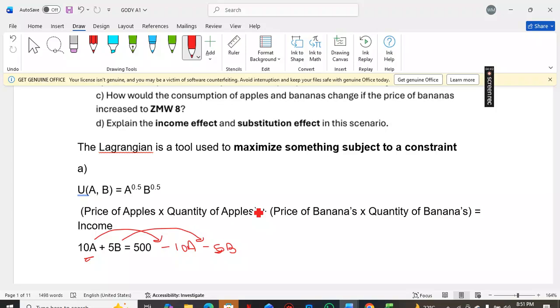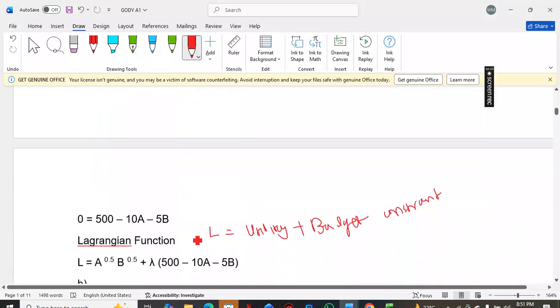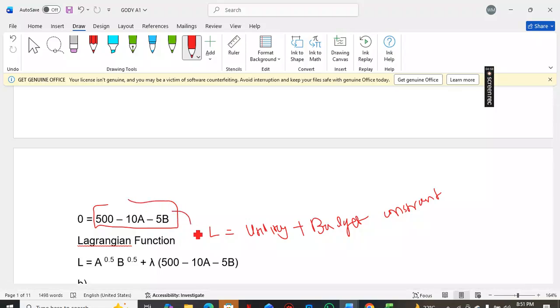Here I've seen something that you have written like 0 equals the income minus this part, because this expression is going to be put like this in the Lagrangian function. Why will it be put like that, sir? Because if you don't put it like this, you have difficulties deriving as we go in the later steps.